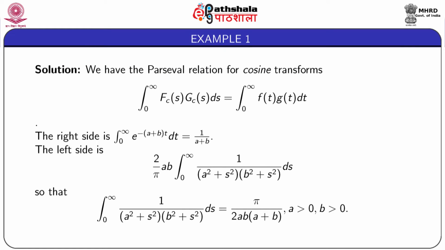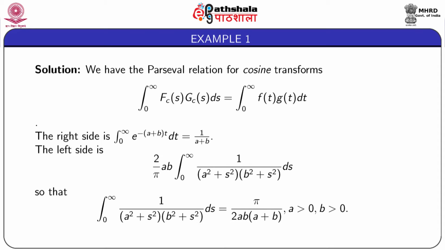Now, this can be proved by using the Parseval relation for cosine transform, which is given by integral 0 to infinity F_c(s) into G_c(s) ds. This is equal to integral 0 to infinity f(t) into g(t) dt.